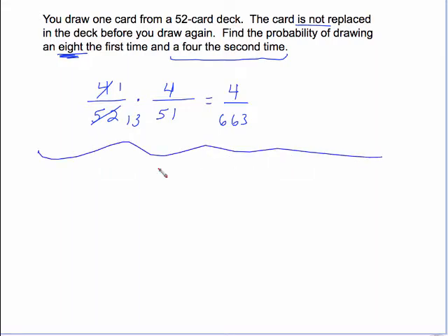If we wanted the probability of getting an 8 and then getting an 8, it would be 4 over 52 times 3 over 51, because we wanted an 8 both times. It was the same card. When it's the same card, that's when the numerator decreases also.